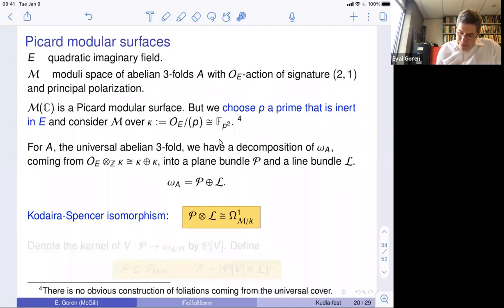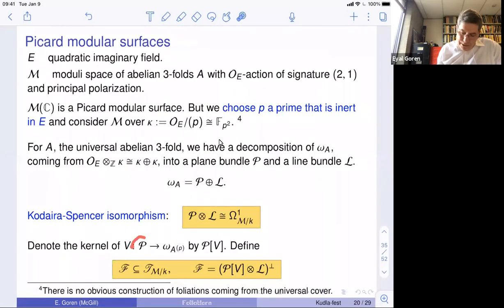Now, the pullback map that I mentioned before on differentials, okay, so this P lives inside omega A, and the pullback map on differentials from omega A to omega A_P, I can restrict it to P, and it has a kernel, which I will denote P_V. Okay, so those are those differentials that we kill by V. And I could take this P_V, which would be a line bundle in this case, tensor it with L. Okay, so this now lives somewhere inside this.